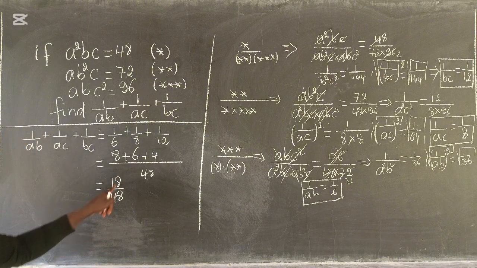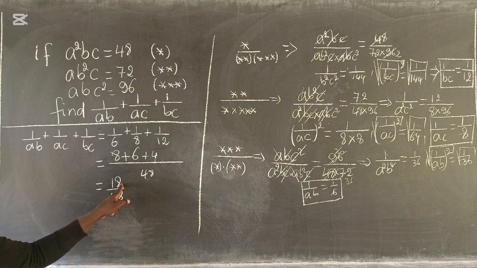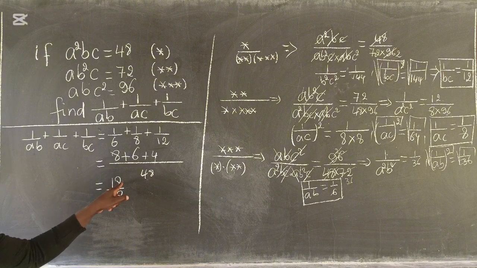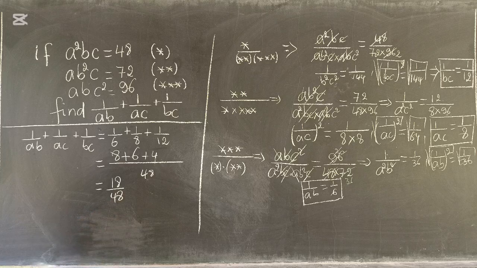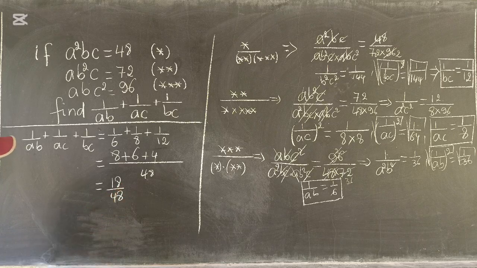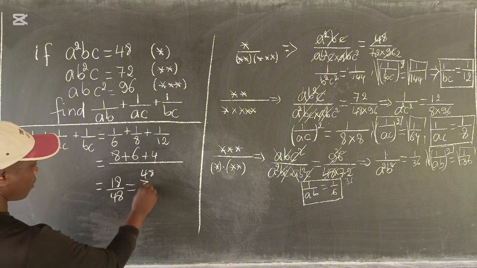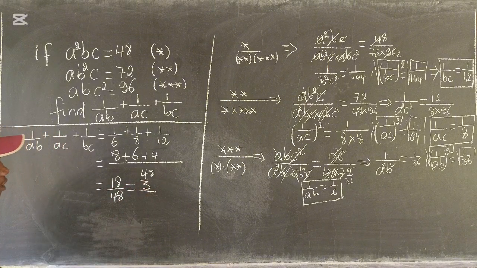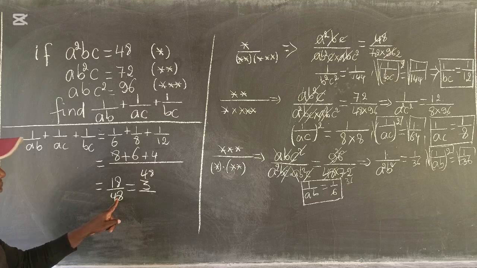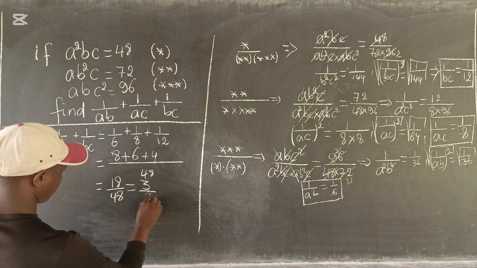Both 18 and 48 are divisible by 6. Divide by 6 on the numerator and denominator to have 18 by 6 is 3 over 48 by 6, that is 8.